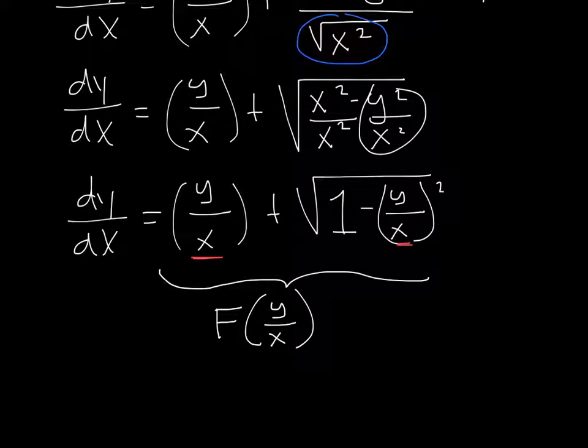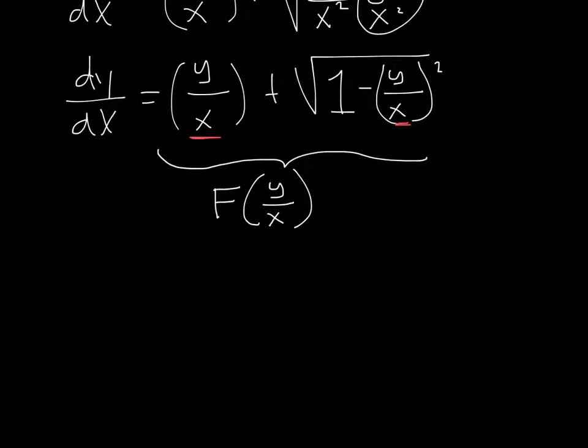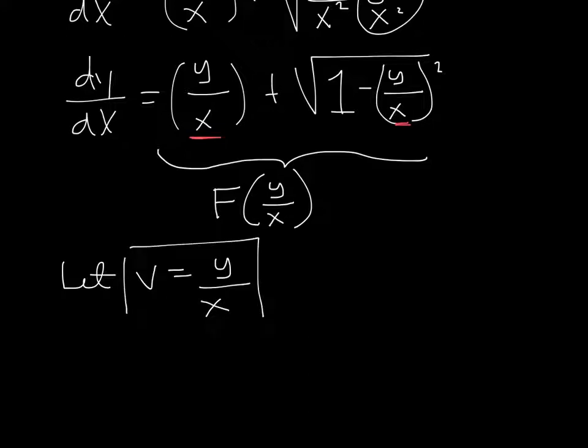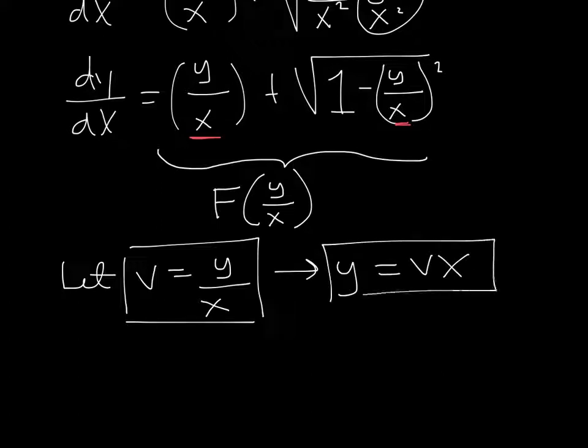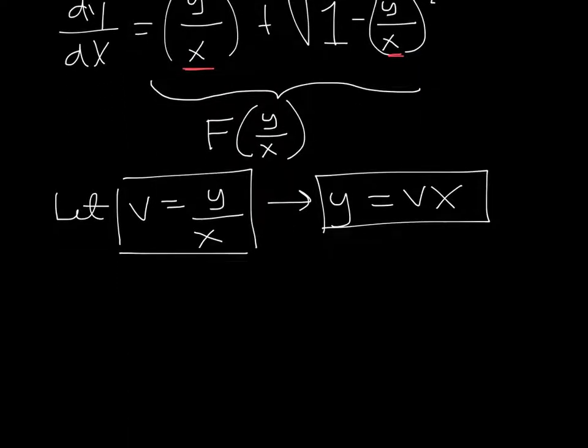So let's start our substitutions. So we're going to let v be y over x. Okay, so we're definitely going to use that. And if we cross multiply, solve for y, we get y equals vx. And finally, to obtain our third equation, we can differentiate with respect to x, using the product rule here.